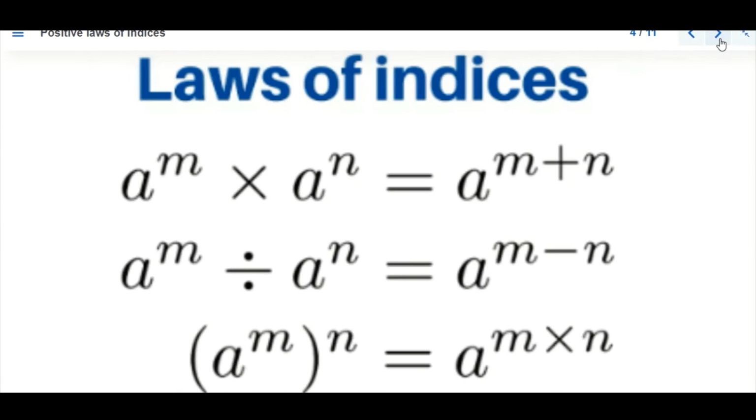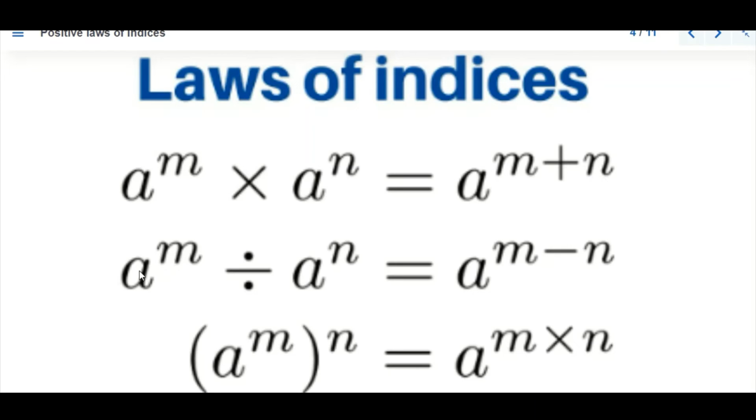Now that leads us to the next rules. These are the positive rules of indices. As I made mention of earlier, when you have a common base number, then you pick it once and you add up the powers. So a raised to power m multiplied by a raised to power n will give us a raised to power m plus n.